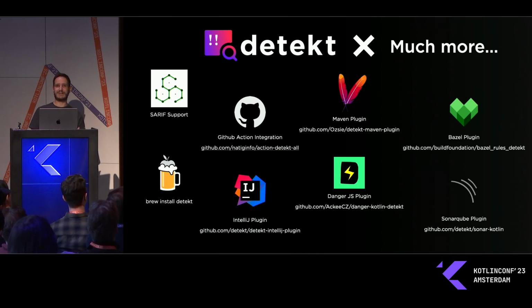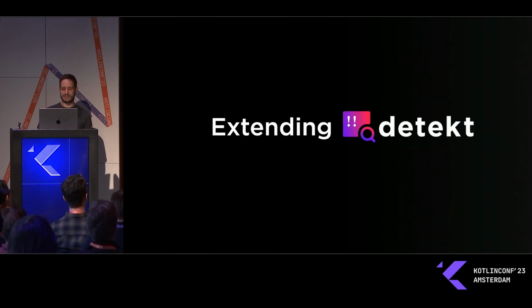This thing started as a side project, and it's so awesome to see the community picking that up and building integrations on top of us. And we are so excited to see those extensions. And talking about extensions, I think the power of Detekt is actually when you write your custom rules. And how do you do that?